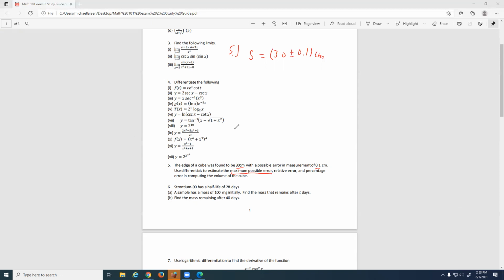So to estimate the maximum possible error, this is one where I wish I would have had more time to prep. I'm pretty sure there's a formula you can use for this. I'm trying to remember exactly what it is. Would you guys happen to have any notes on formulas for maximum possible error or relative error, percentage error, anything like that? I do not.